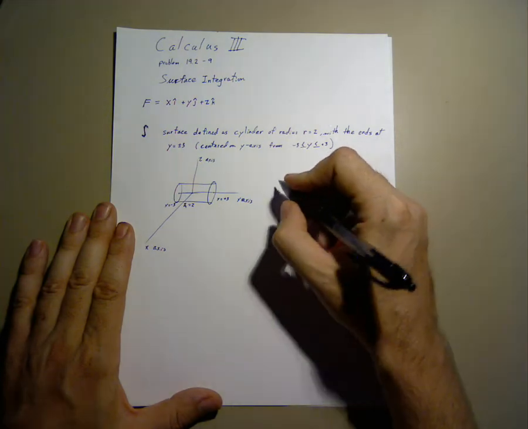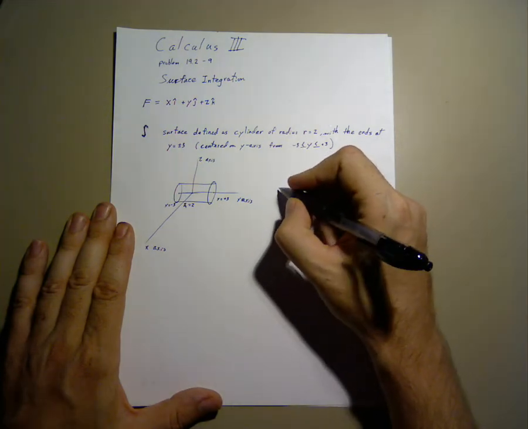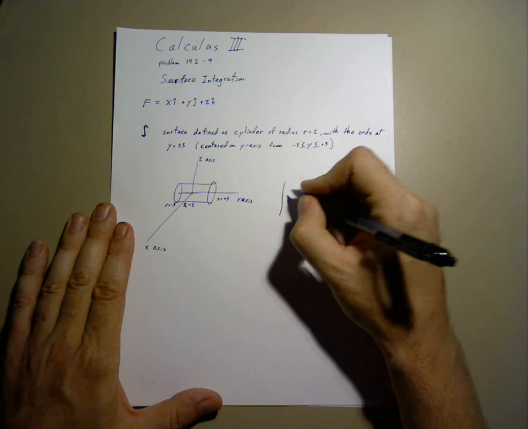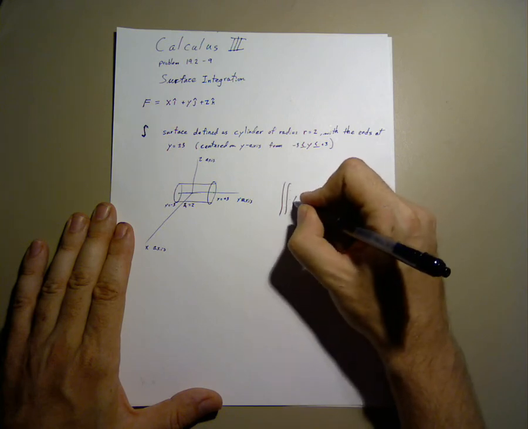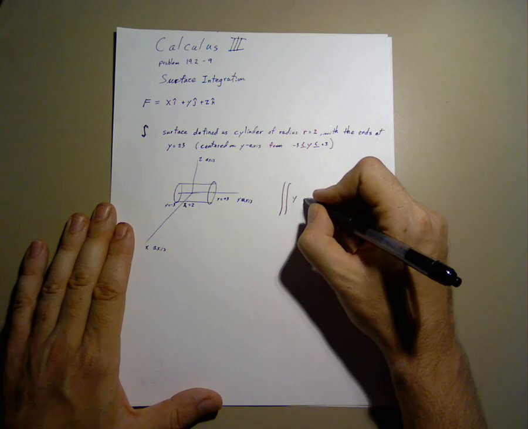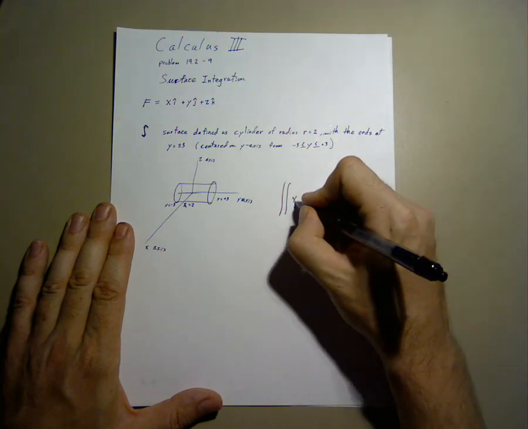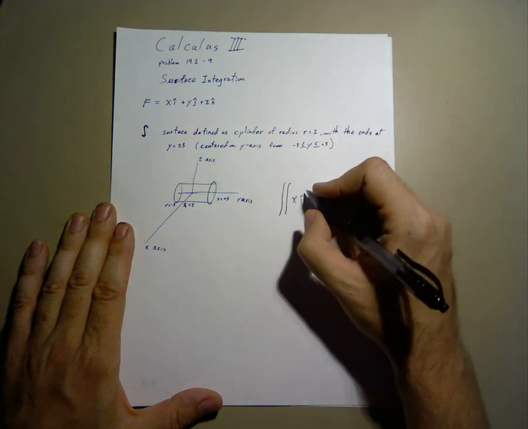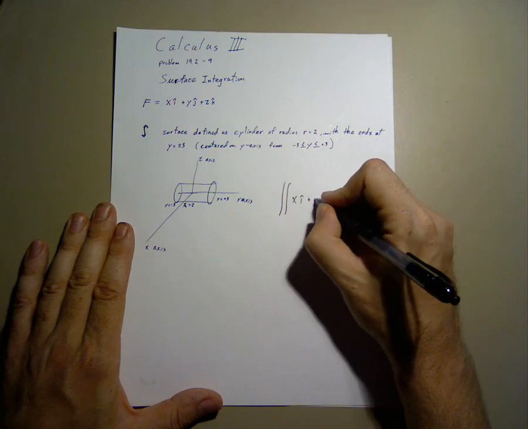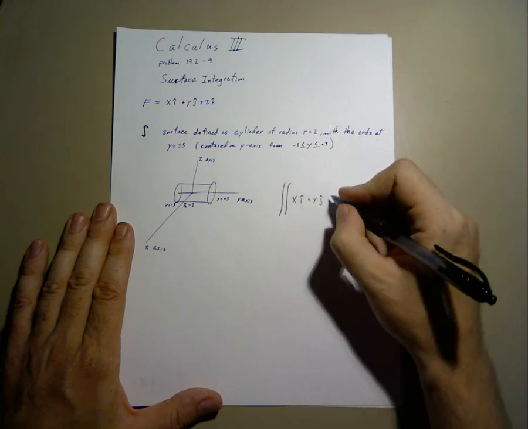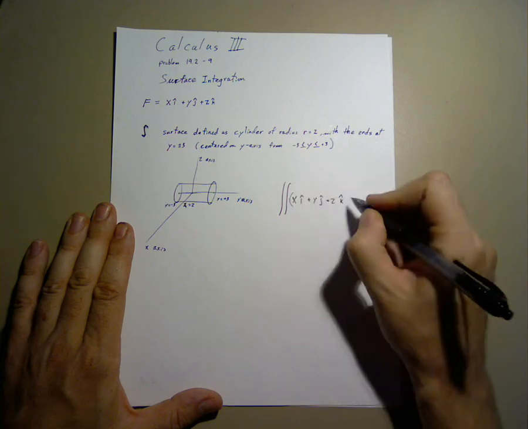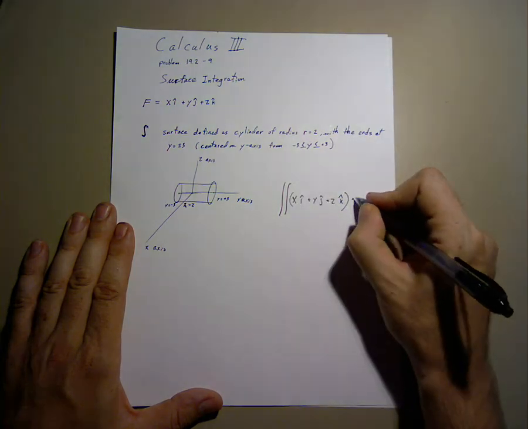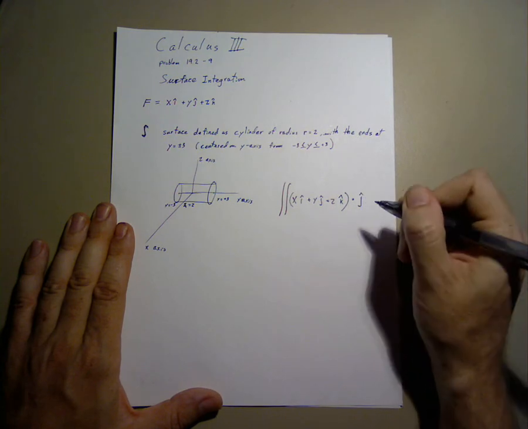For the endpoint, for the ends, we have the integral of x i hat plus y j hat plus z k hat dot j hat.